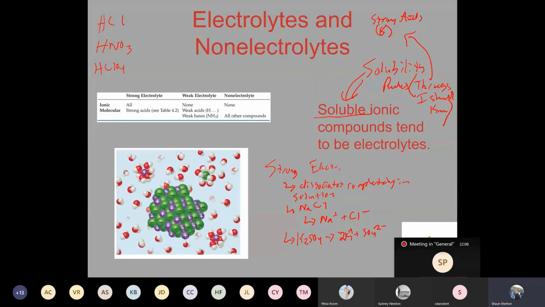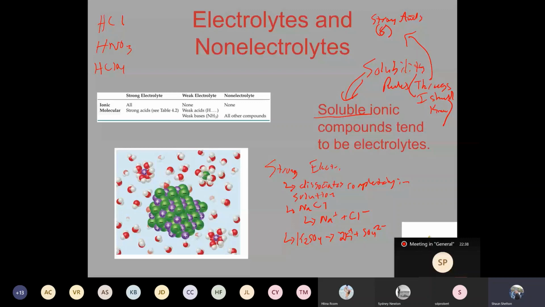Those 3 are a part of that strong acid list. That means that these are also considered to be strong electrolytes, okay? That goes to the fact that they're going to dissociate completely. When we talk about strong electrolytes, they all dissociate completely.